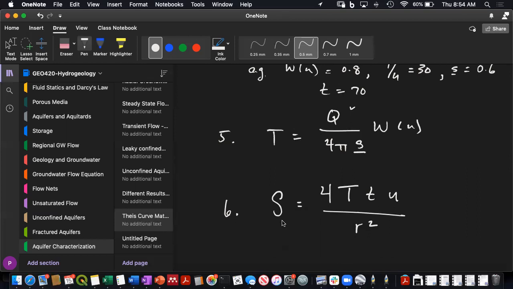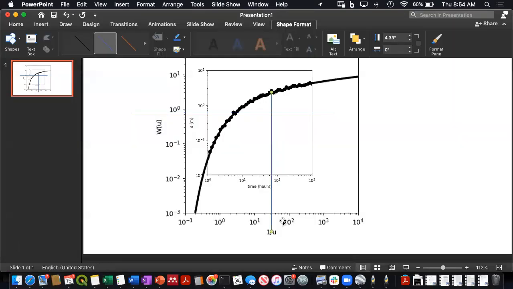Okay, so you guys are going to do this for this synthetic data set and then for data from the Landquist well, which is a well down at Dance Hall that we did a pump test a few years ago with Cam. All right. And you're going to do this curve matching exercise.